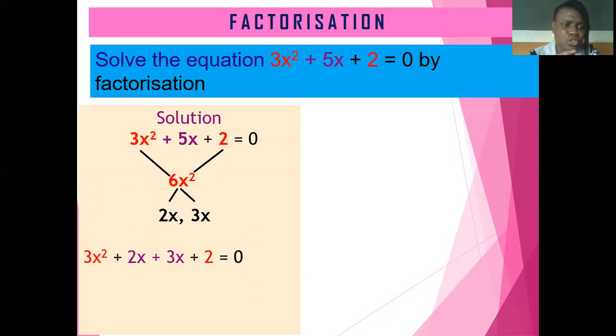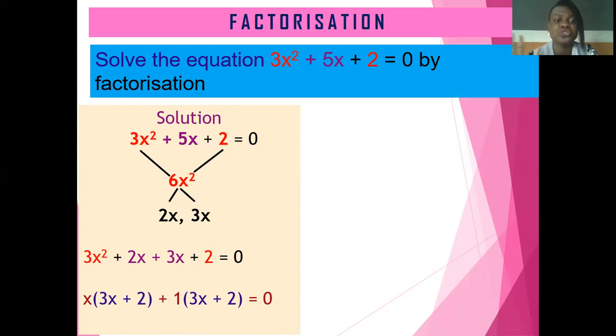We check the first two, 3x squared plus 2x. There's no common number apart from 1, but x is common, so we can bring out x. So we have x into 3x plus 2. Then for the last two terms, 3x and 2, there's no common number, but 1 is common to any two expressions. So we bring out 1 and we leave the expression the way it is.